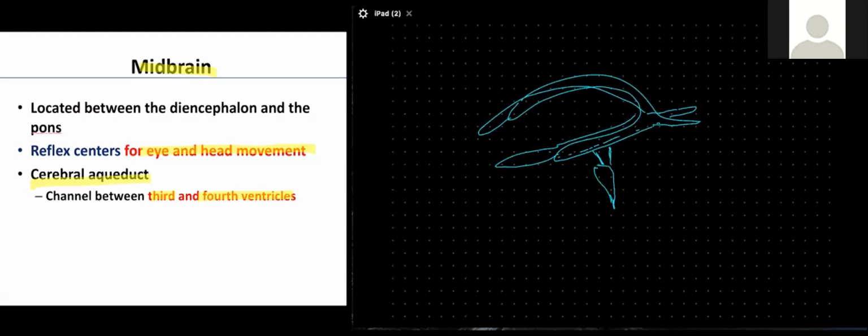This third ventricle is going to be connected to another ventricle, another space where the cerebrospinal fluid is going to be traveling, which is going to be located between the pons on one side. If this is a pons like this, and medulla oblongata, and the cerebellum on the other side.